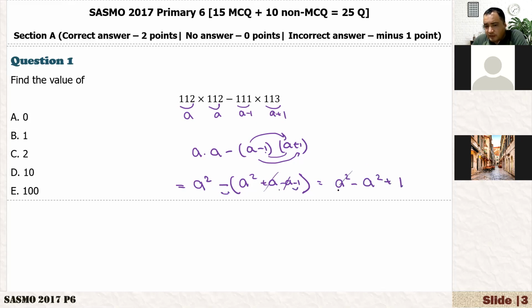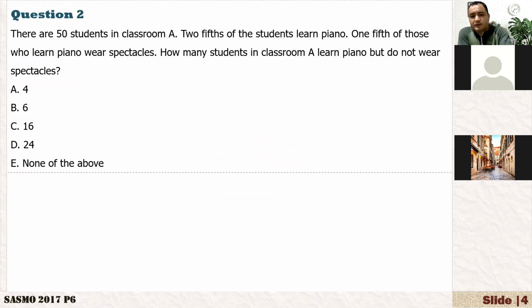Plus 1. And also they are the same thing, so the answer is 1. Okay, that's how we calculate in the shortest way. Otherwise, if you multiply 112 by 112 and 111 by 113 and subtract, you will get the correct answer, but it takes at least 2-3 minutes. Okay, next question.